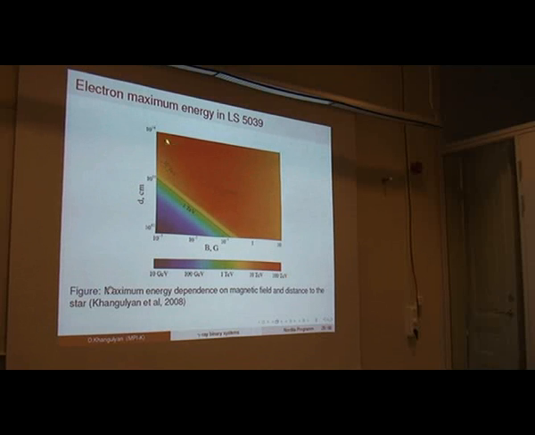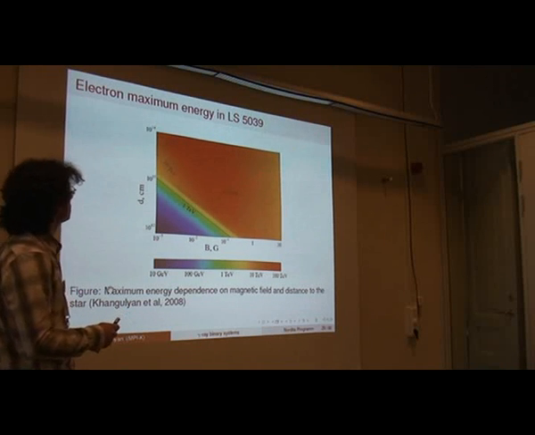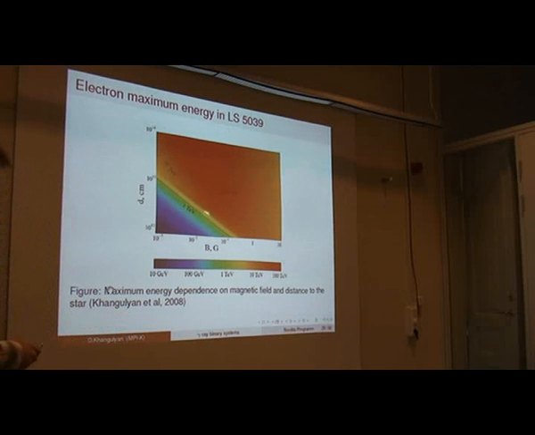And basically, since HESS has detected like 30 TeV gamma rays from this system, we may limit the possible parameter space for this system LS 5039 by this line. So it means that using only the TeV observation with HESS, we may limit the possible magnetic field strength and location of the production area, the distance of the production area to the star.